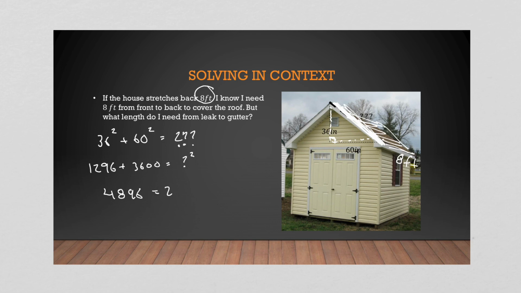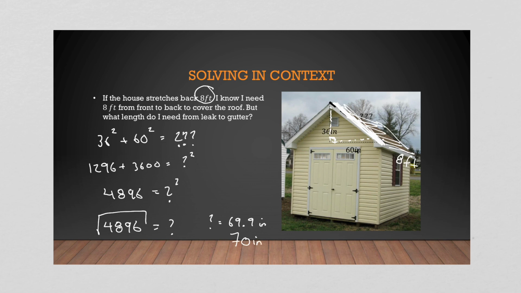And then how do we get the length? We have to square root both sides. Now, this will not be a perfect squared number, so I will estimate it. It comes out to approximately 69.9 inches, which means let's round to 70 inches.